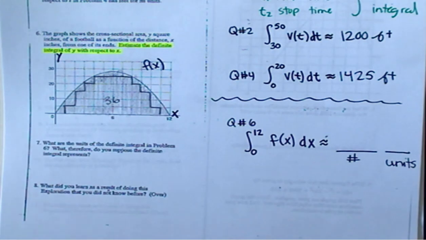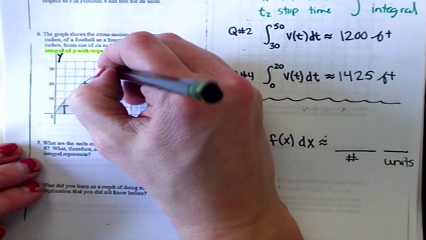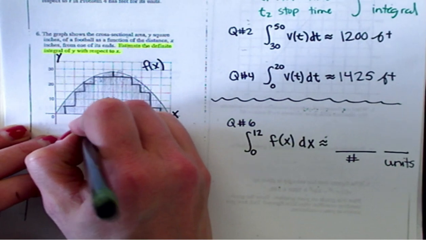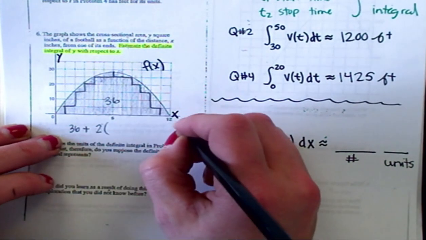So I got 36 full squares, and now I'm just going to try to estimate the other ones. I do notice it's symmetric, so I'm going to use that to my advantage.